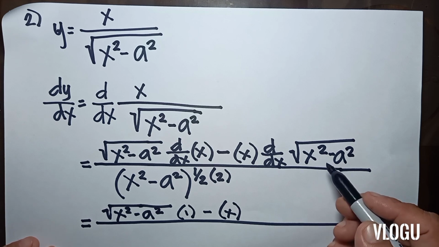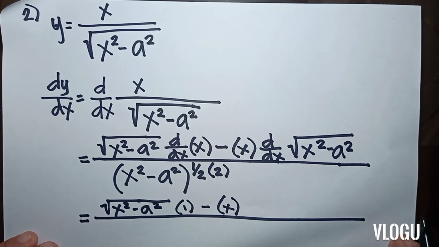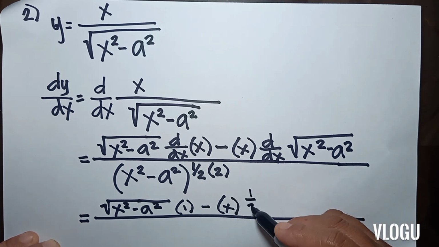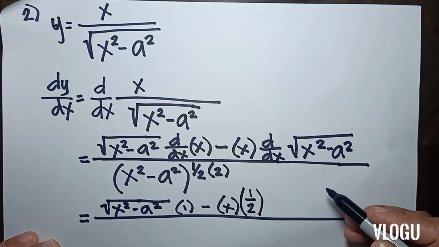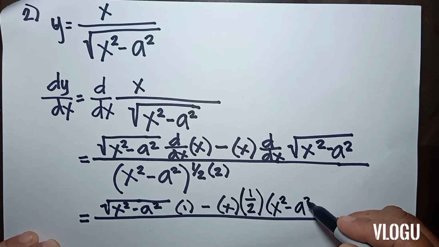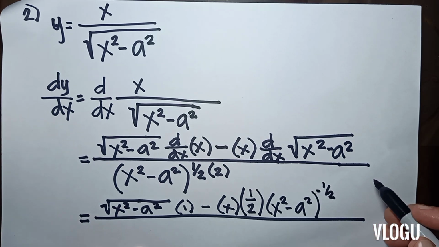Because we have an exponent, we start with the exponent, which is 1/2. So we start with 1/2, then x squared minus a squared raised to negative 1/2, because that is 1/2 minus 1.